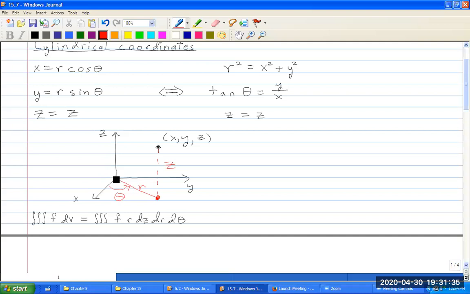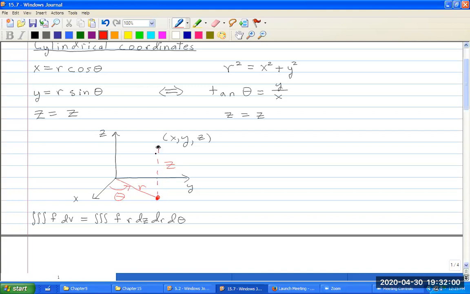So start out at the x-axis, you swing over to the point below this point up here in the xy plane. That gives you the angle theta. The distance from the origin gives you r. The distance above gives you z.